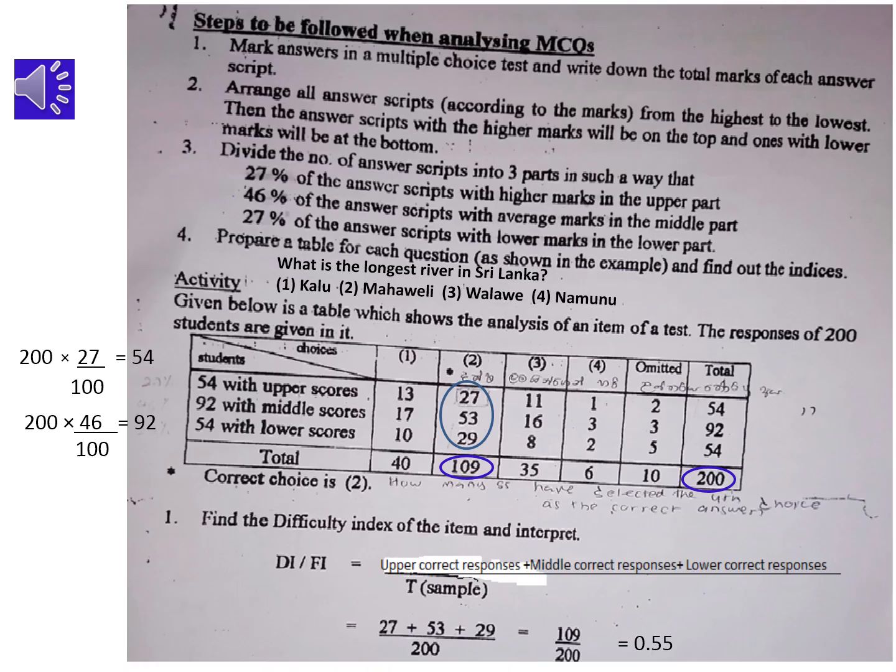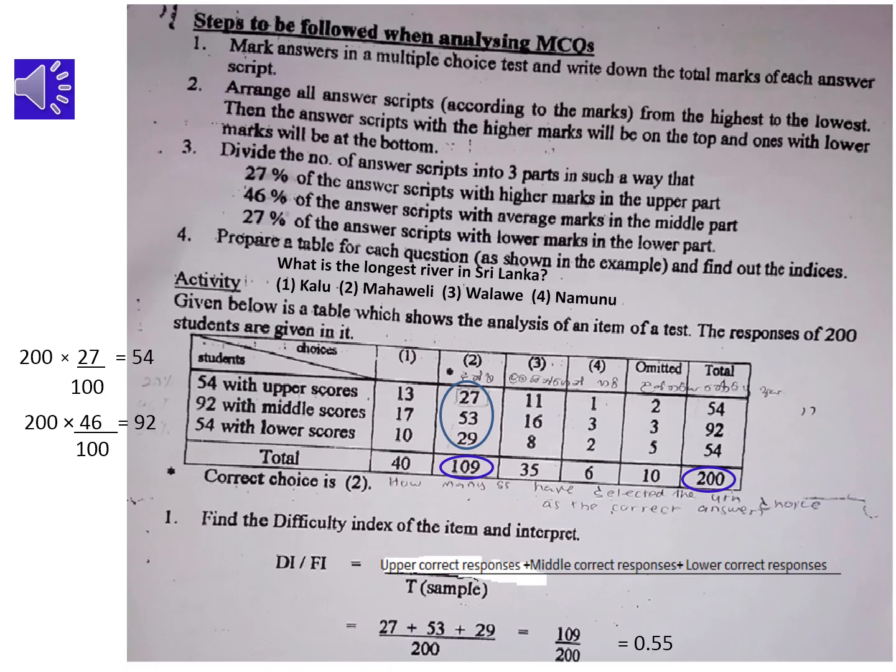Now we are going to the problem. Find the difficulty index. Give me another name for difficulty index. Facility index. Find the difficulty or facility index of the item and interpret. So what's the formula here? This they don't give, you have to remember. Difficulty or facility index equals upper correct responses.